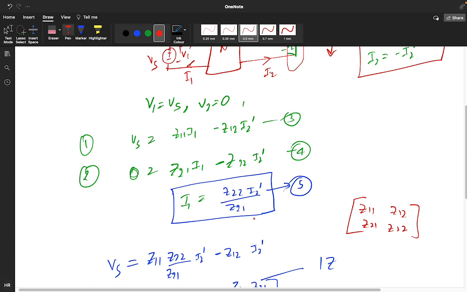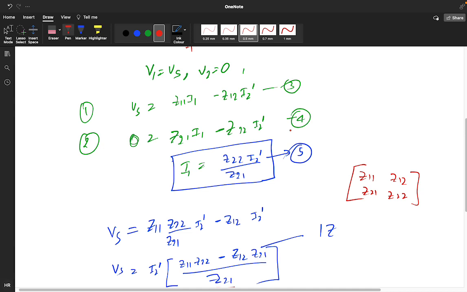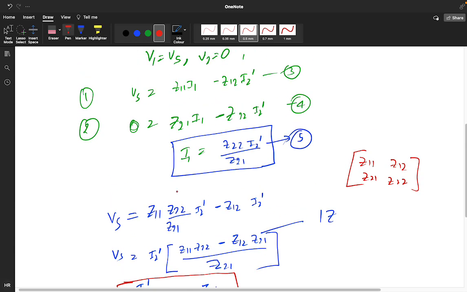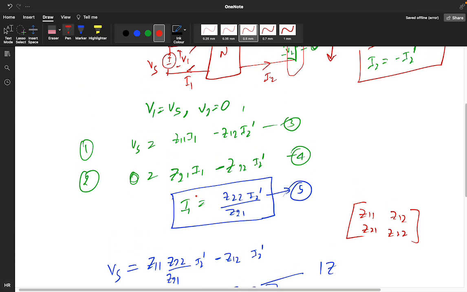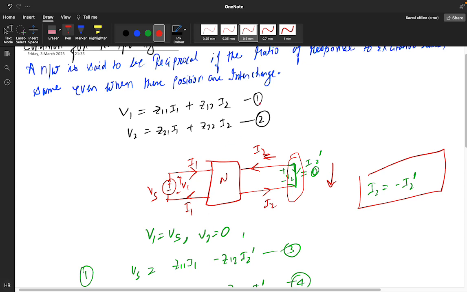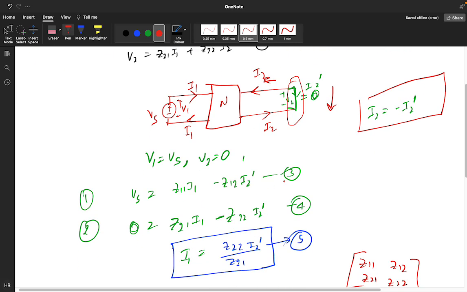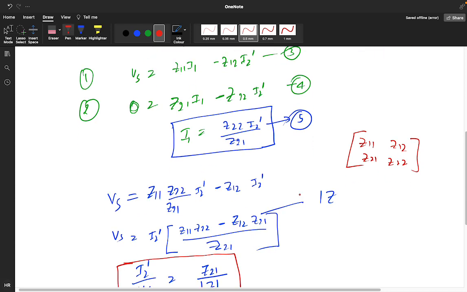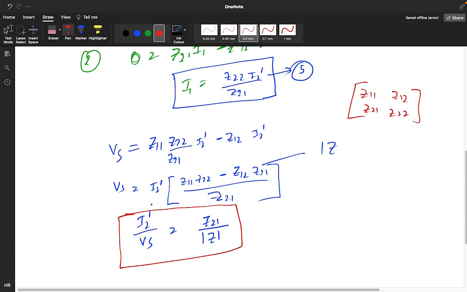Substituting this in equations 1 and 2, we get equations 3 and 4. From equation 4, we get I1 as Z22 into I2 dash divided by Z21, and substitute it in equation 3 again. You get Vs, and taking I2 dash common, you get I2 dash divided by Vs.